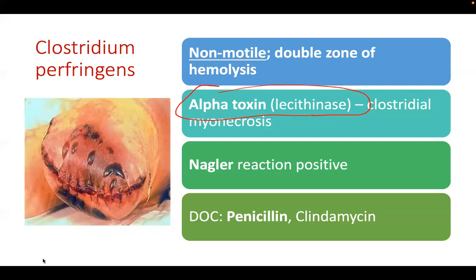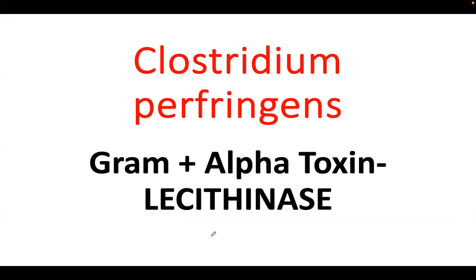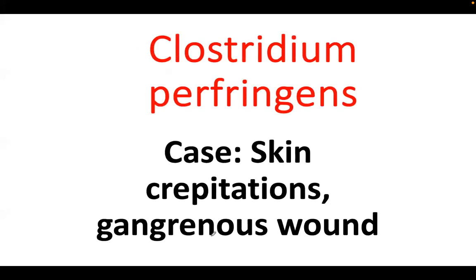Don't forget the alpha toxin. That's the classic case you're going to get. Then you might also get another vignette, which is the presence of skin crepitations and the presence of a gangrenous wound.